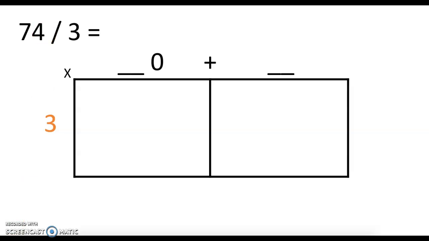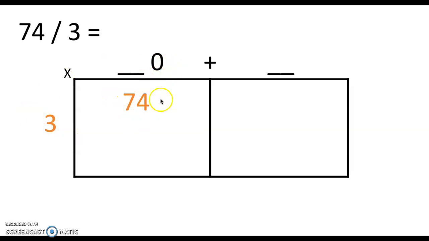The biggest difference is that our 74 does not go up here, because remember, with area model we multiply on the outside. So we're trying to figure out 3 times something gives me 74.